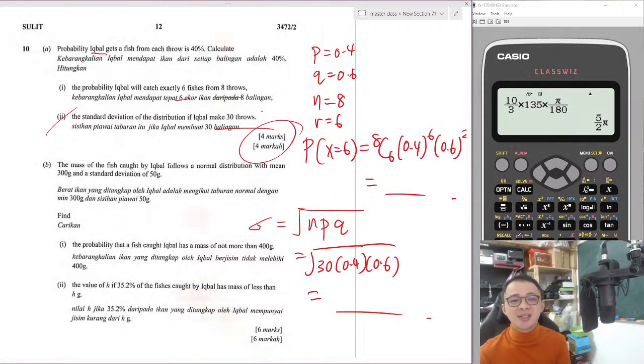Is it almost the same for both SPM and IGCSE? I would say about 60 to 70% the same, but there are some topics that are very different. Like in IGCSE, they learn binomial expansion, where they expand brackets like x plus 3 to the power of 11.